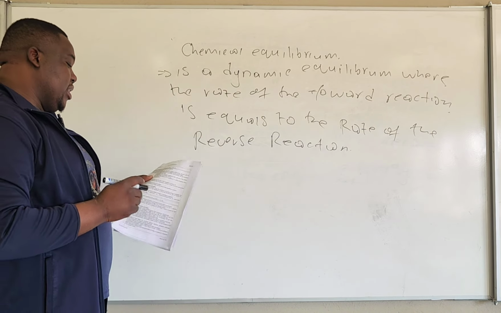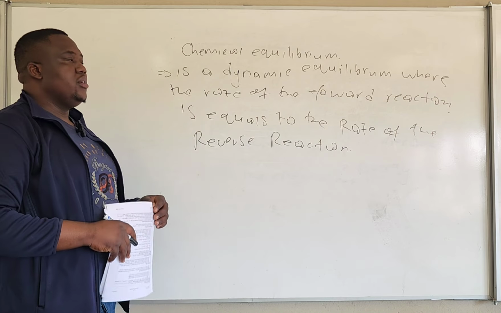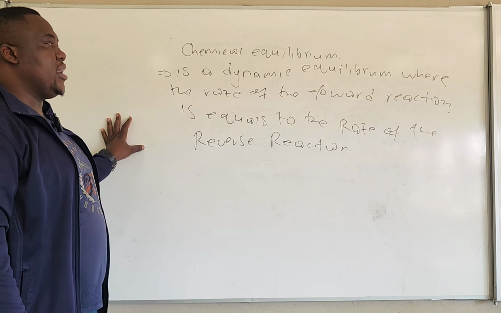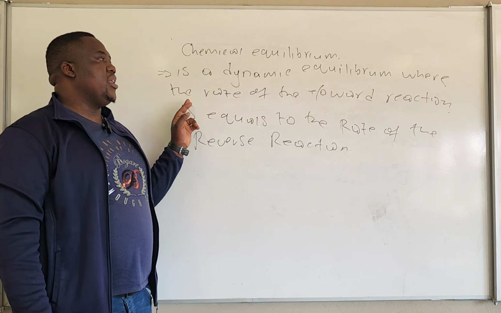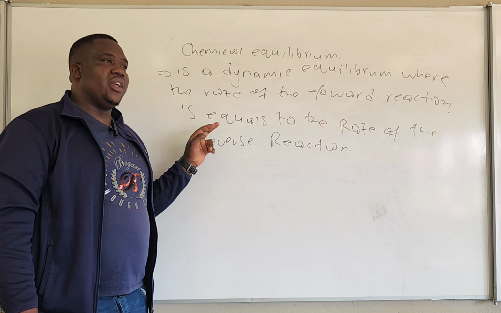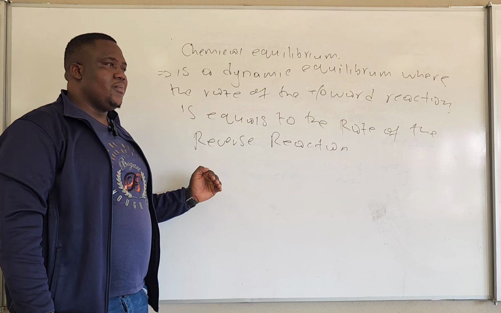There are mistakes that you as our learners always make. You will find a learner writing, chemical equilibrium is a reaction where the forward reaction is equal to the reverse reaction. It is incorrect, my learners.